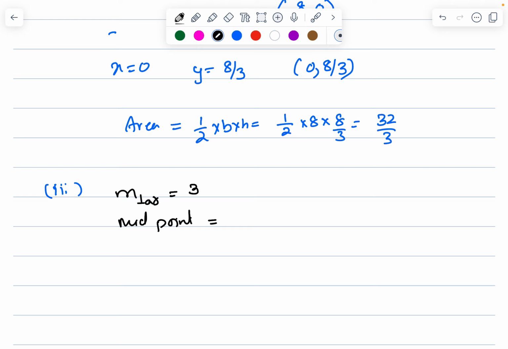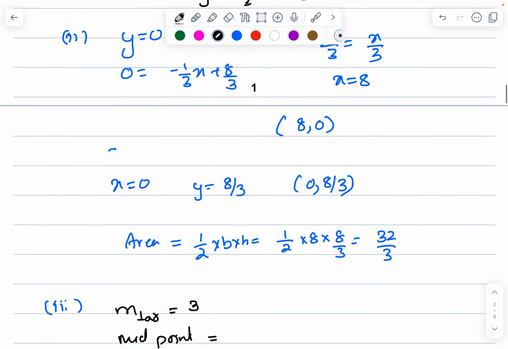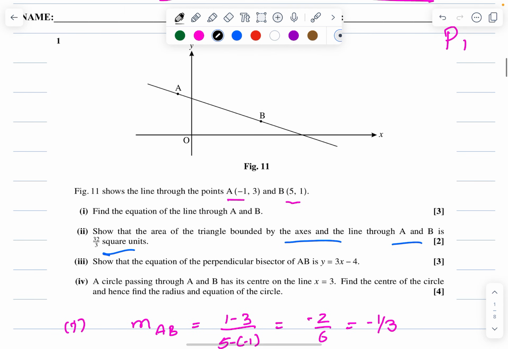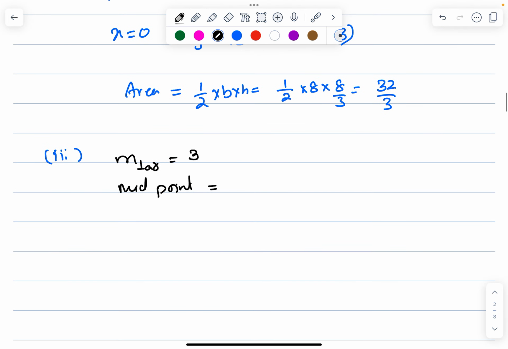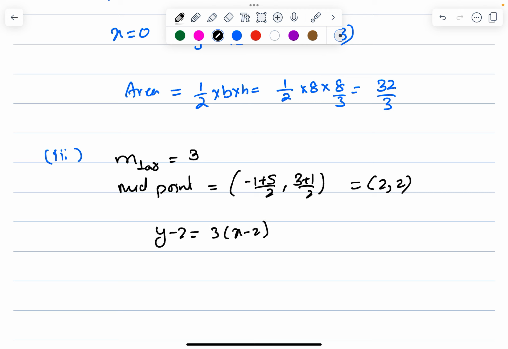Midpoint is going to be x1 plus x2 by 2, y1 plus y2 by 2: minus 1 plus 5 by 2, comma 3 plus 1 by 2, which is going to be 2, comma 2. So the equation will be y minus 2 equals 3 times x minus 2. So y equals 3x minus 6 plus 2. So y equals 3x minus 4.